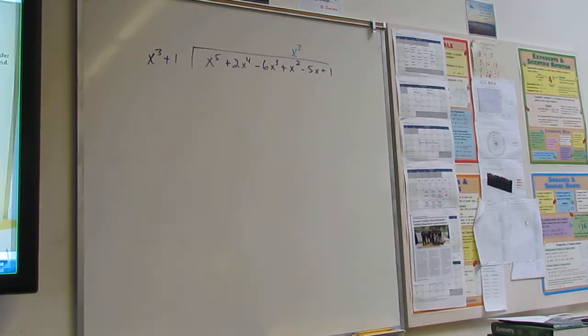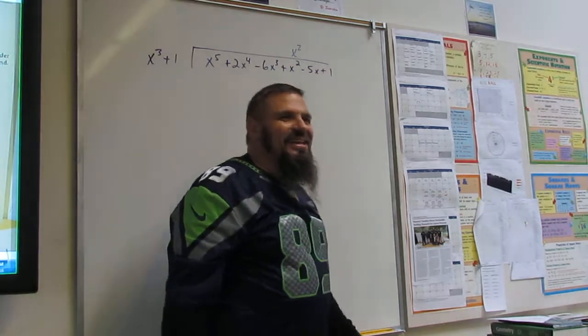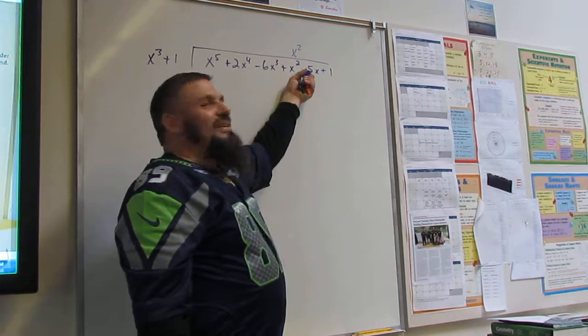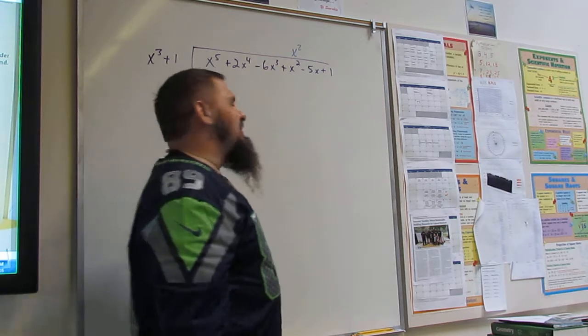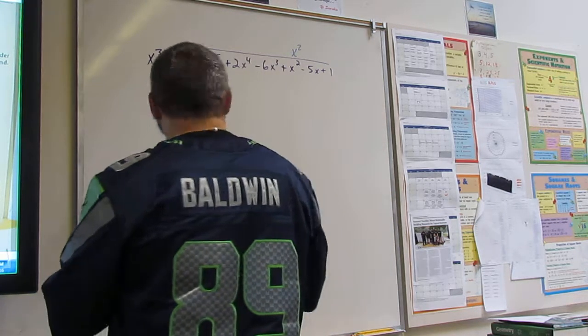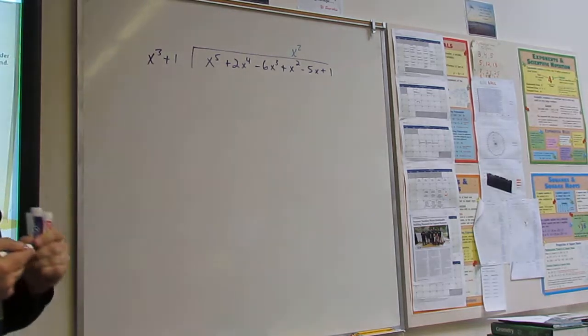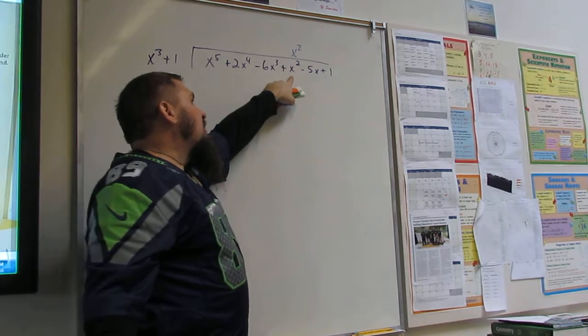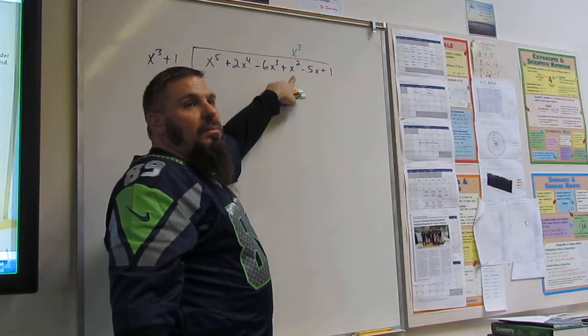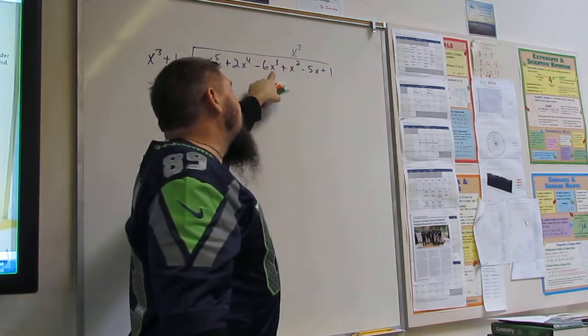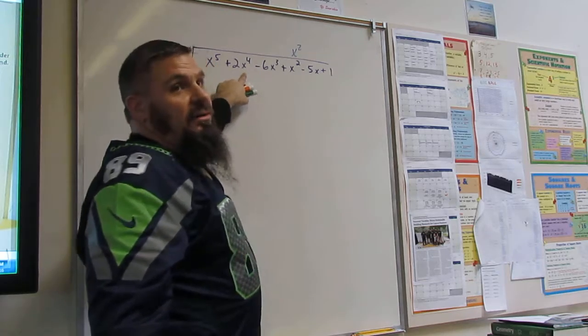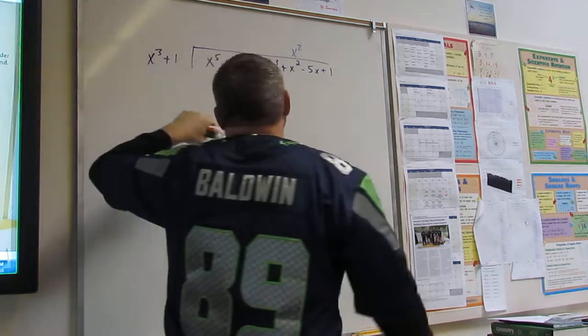It's in the x squared column, so I don't get confused. This is the x cubed column, the x to the 4th column, the x to the 5th column.